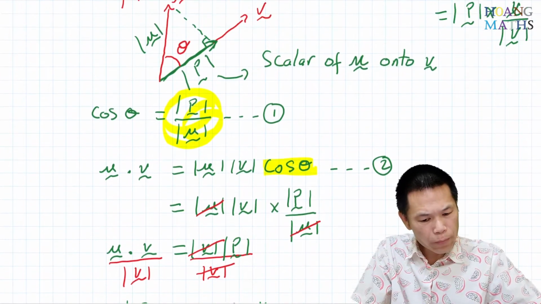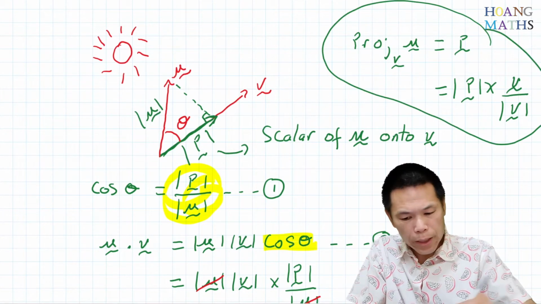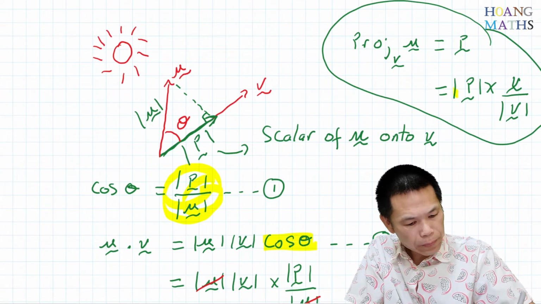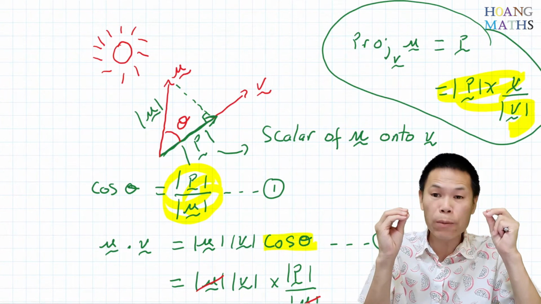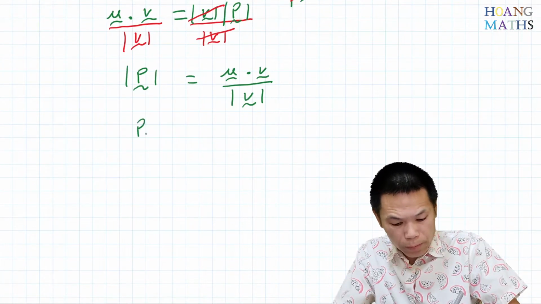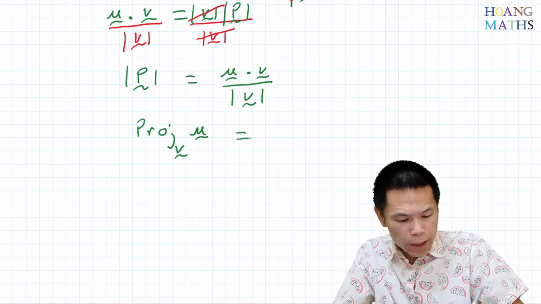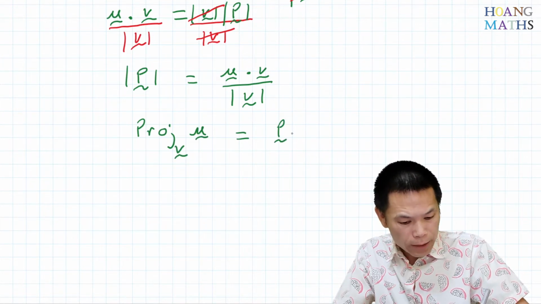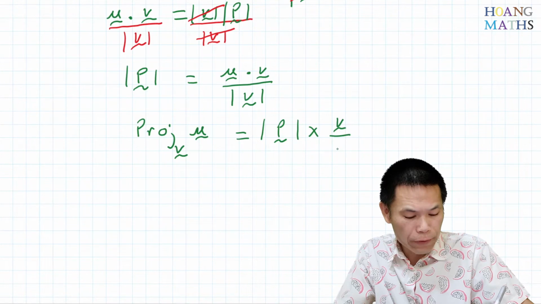So now let's just refer back to this. The projection of u onto v is equal to this. Now we can just replace the magnitude of p with the equation. So the projection of u onto v is the scalar times the unit vector of v, because we want the direction of v.